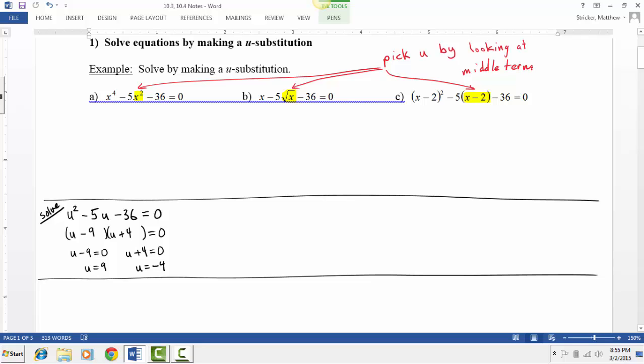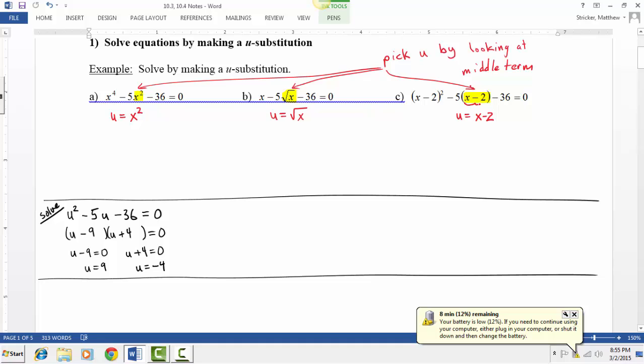In the first problem, we want to let u equal x squared. In the second problem, we want to let u equal square root of x. And in the third problem, we want to let u equal x minus 2.